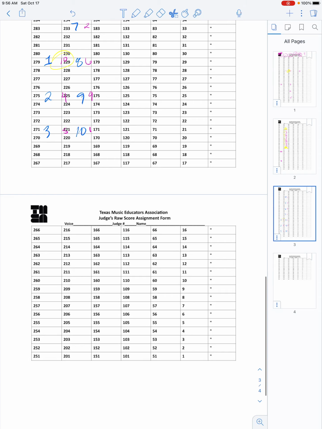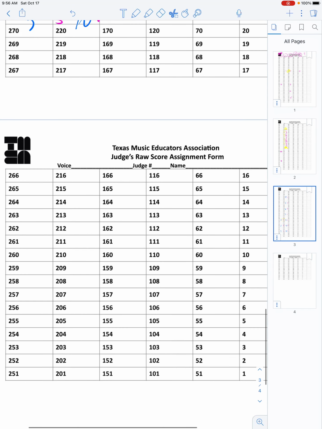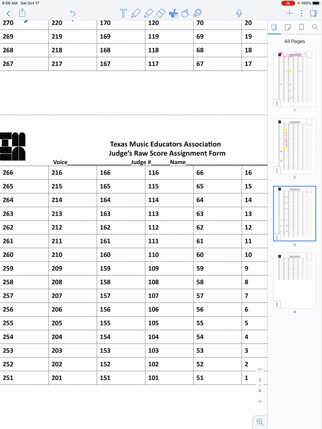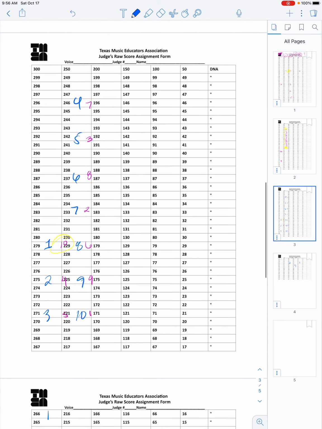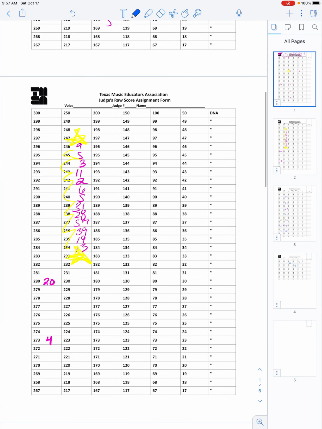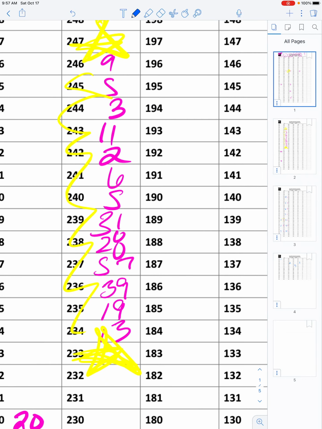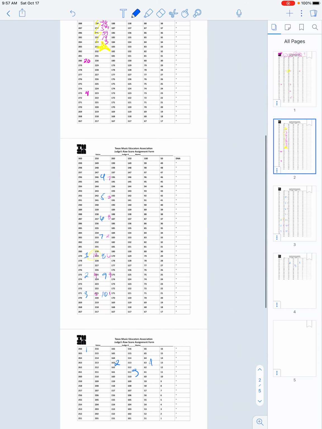And also to that effect, you could say your first chair is right here, your second chair is right here, your third chair is right here, your fourth chair is right here, so long as it's spread out. The only thing that really skews scores is when you do this.